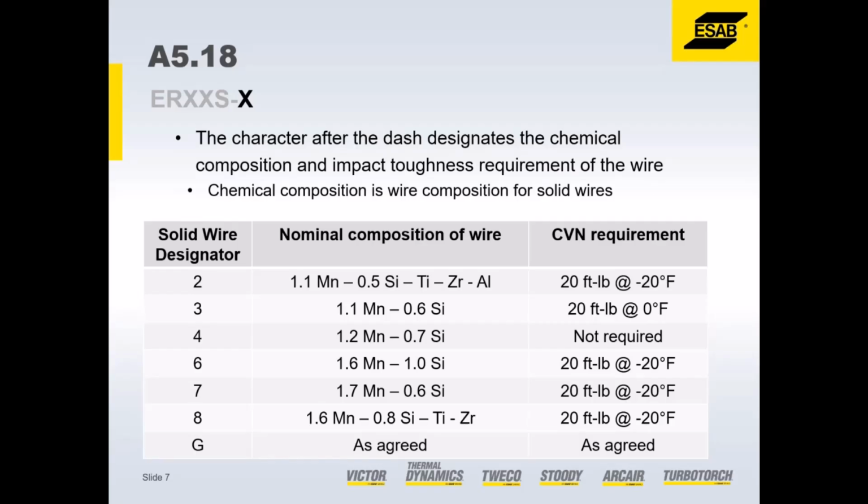So always be mindful when you see the G that it's not a direct crossover. You need to either have your own specification dictating what that is, or speak to the manufacturer with the requirements that you're trying to meet and come to an agreement of what's going to be supplied.